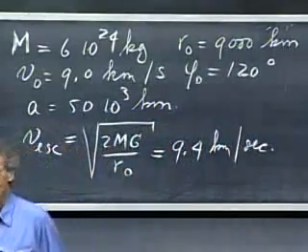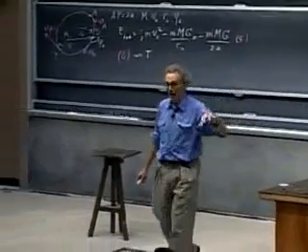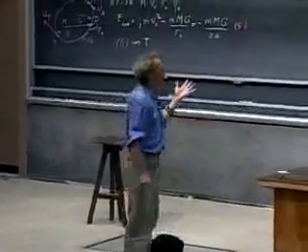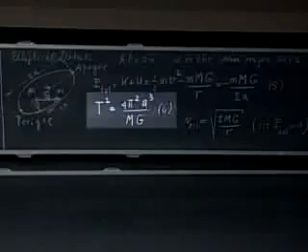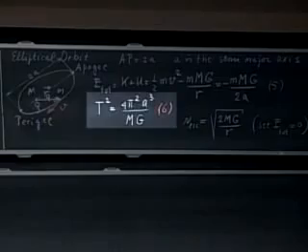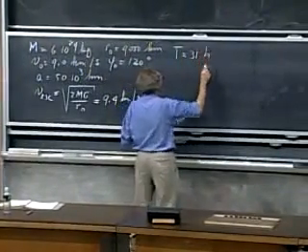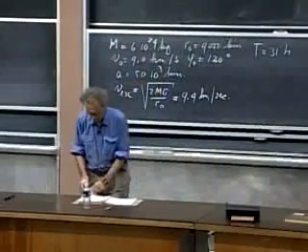Well, if you need 9.4 kilometers per second to make it out to infinity, and you have 9 kilometers per second, you're pretty close already. So that's the reason why this semi-major axis is indeed such a horrendous number. It's no surprise. If now I use equation number 6, then I find the period, and I find that it takes about 31 hours for this object to go around the Earth.